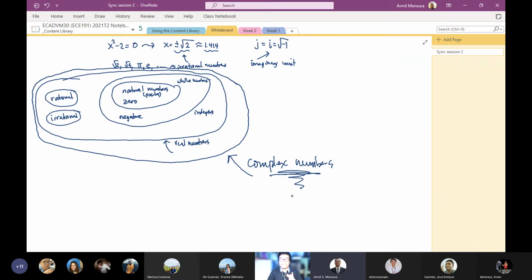We don't know if in the future we need to invent another set of numbers in order to solve more equations. Pero as of now, ito yung largest set of numbers that can actually solve all known equations that we know of. Okay, is that understood?